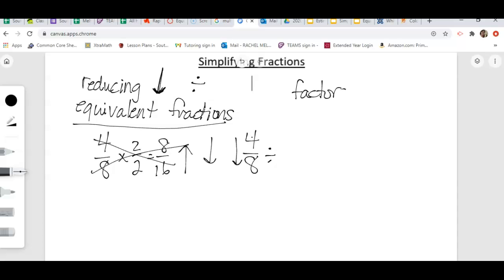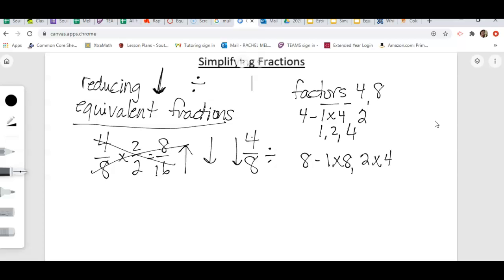I know that the factors of 4 are 1 times 4 and 2 times itself. So that's 1, 2, and 4. I know the factors of 8, 1 times 8 and 2 times 4. So I could write those in this order from least to greatest.